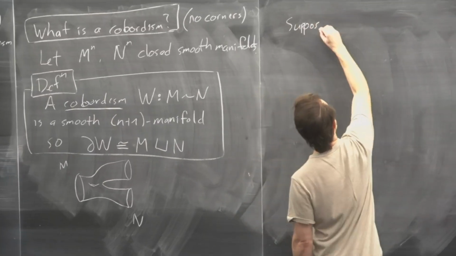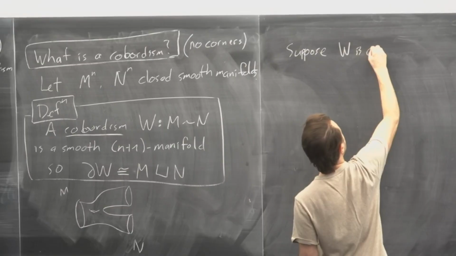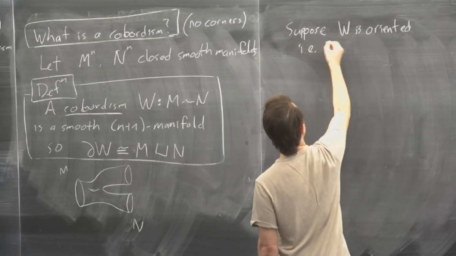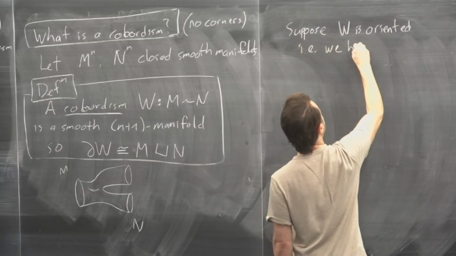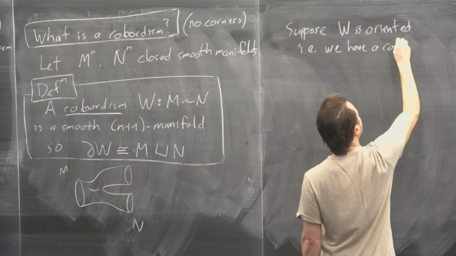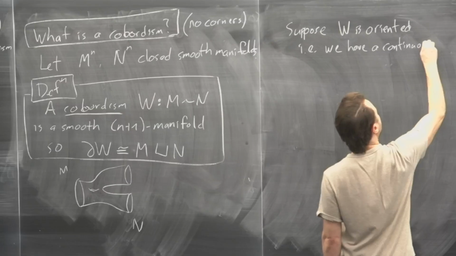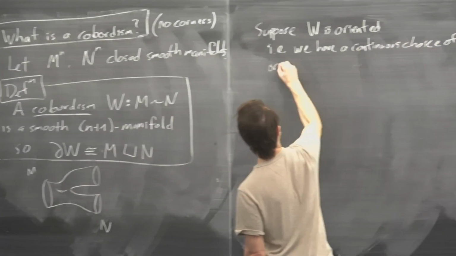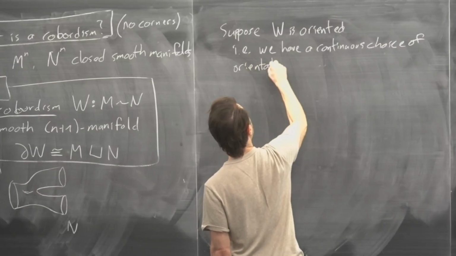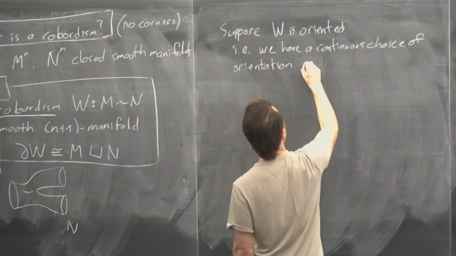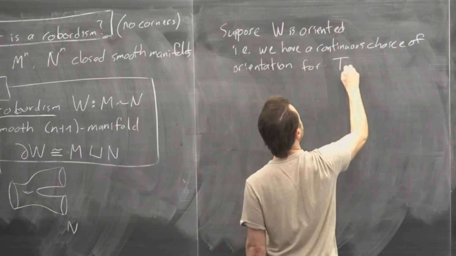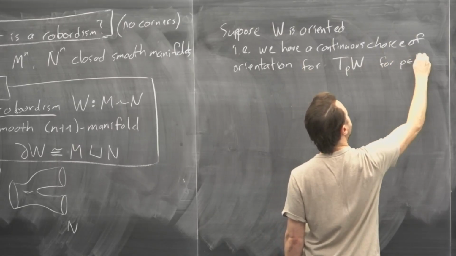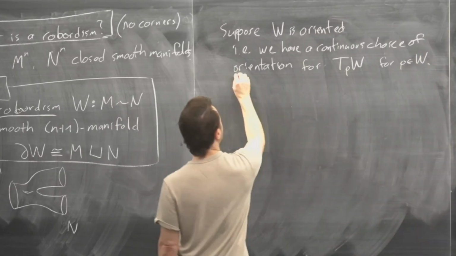So let's suppose W is oriented. So what does that mean intuitively? We have a continuous choice of orientations for tangent spaces at points P in W. So what is an orientation of a vector space?